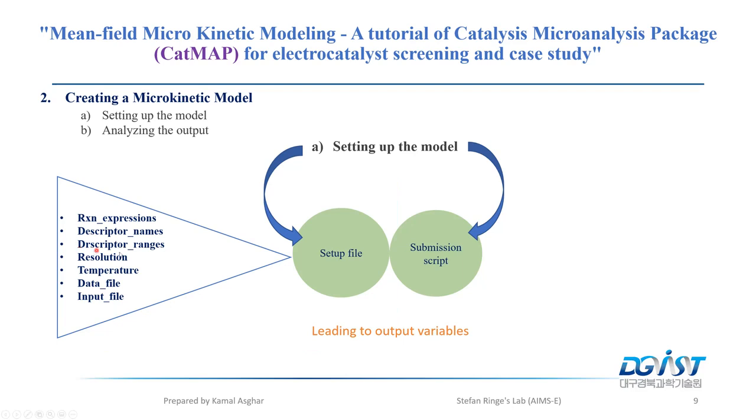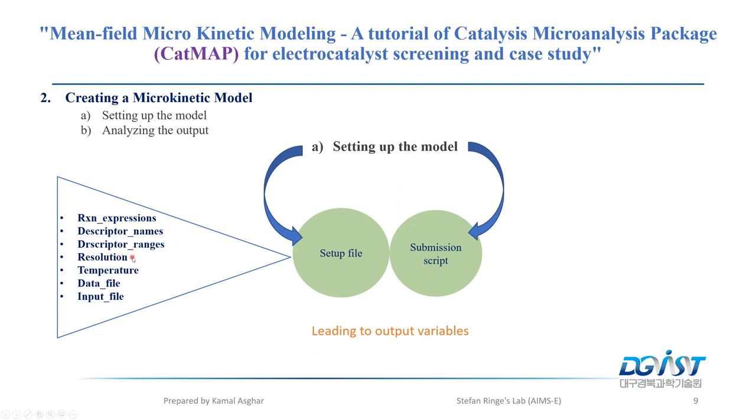And then there must be a descriptor range. For example, if I'm using temperature and pressure as descriptors, then there should be a range. In my case, I'm using -5 to 2 volts as a descriptor range, and for temperature, only 298 Kelvin, a fixed temperature, so there is no range. Resolution means the number of values between these descriptor values.